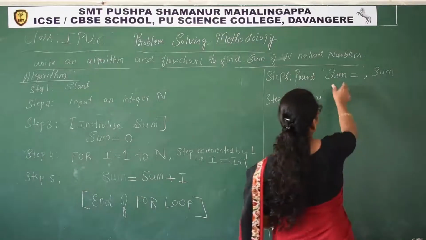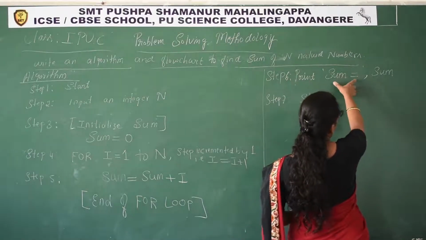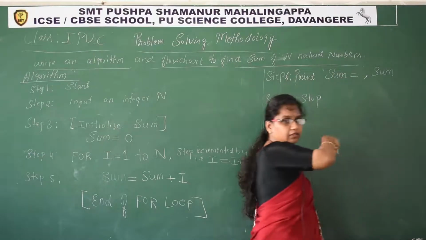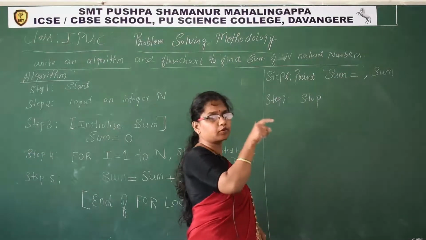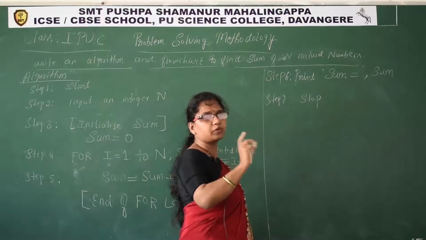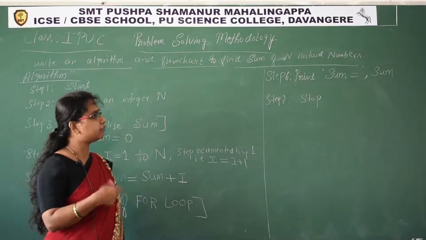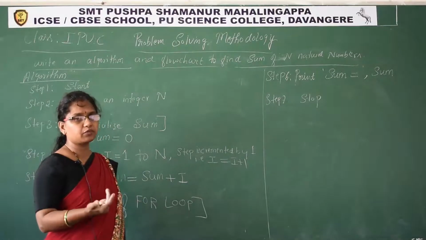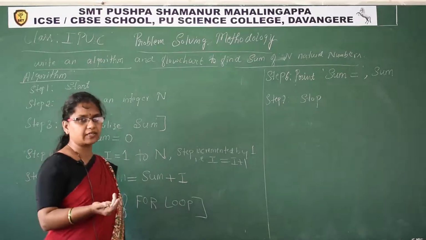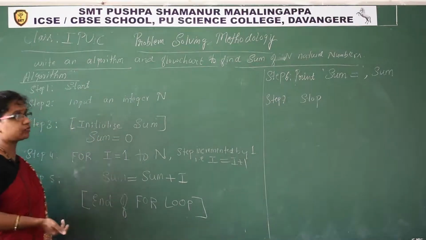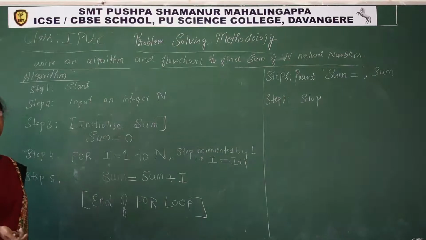How does it print on the screen? Sum is equal to, it will be displayed as it is because it is a statement I want to display. Formatted output, in whatever format you want the output displayed. You can simply display sum. If you give sum, the value is 15 if n is 5, so it displays 15. So it is a sum, no? Or you can display like this, sum of first 5 natural numbers is.